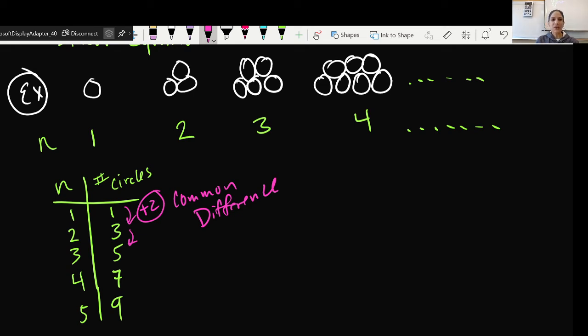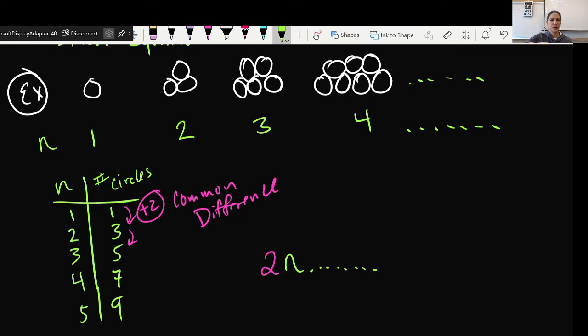Okay, so here's what we do with the common difference. In order to come up with an equation, we take our common difference and we always multiply that by the figure number. And then I'm going to put some dots here. We're not done with that. Sometimes we are, but usually we're not. So to check to see what I need to fill in where the dots are, I apply this to the first one.